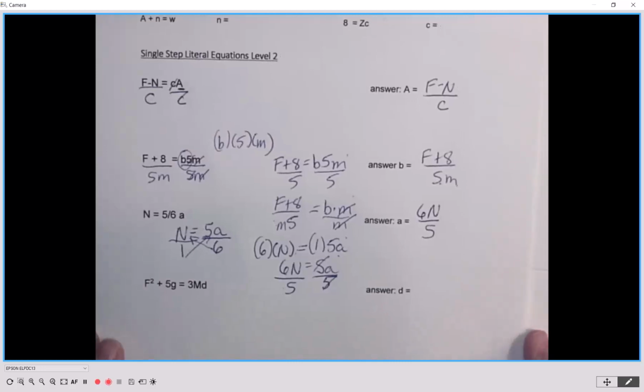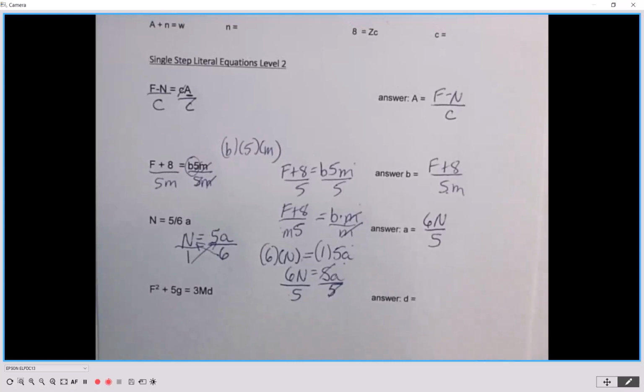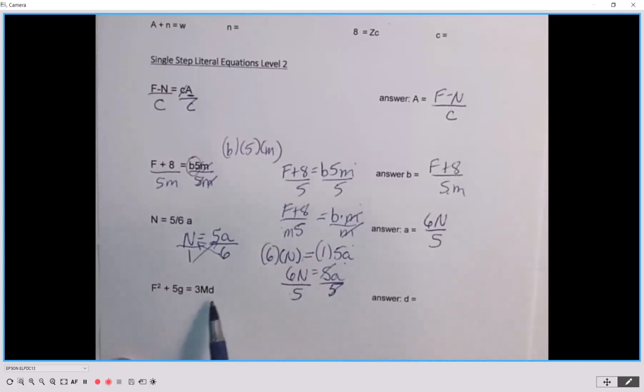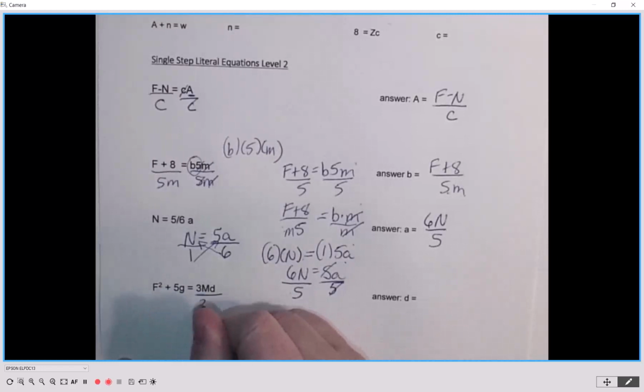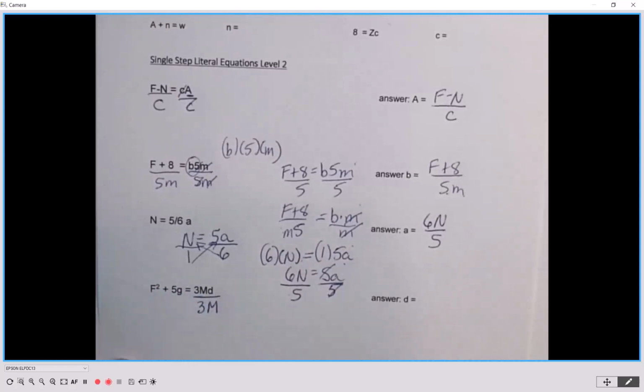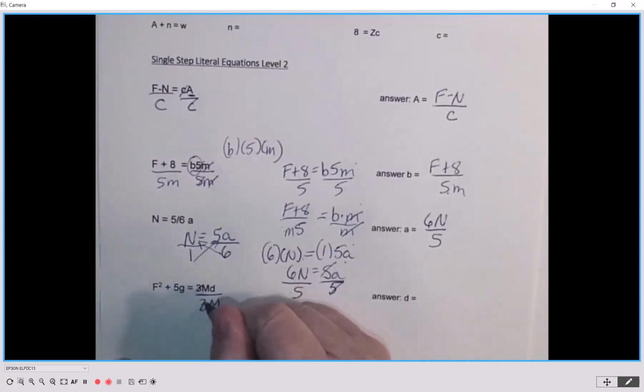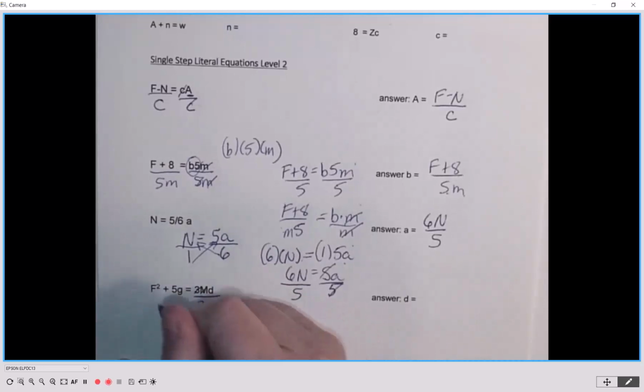All right, let's take a look at this next one. The f squared, that's a squared, plus 5g equals 3md. And what am I looking for? The d. All right, so this is everything that's up here. And so for me to isolate the d, I need to get rid of the 3 and the m. So I'm going to divide it by 3m here, because when I do that, the 3 cancels, the m cancels.